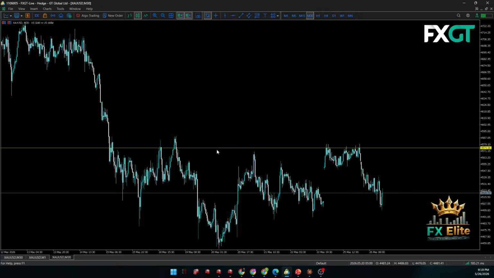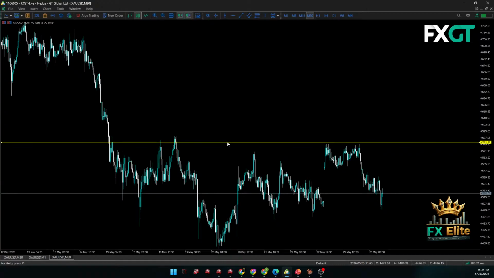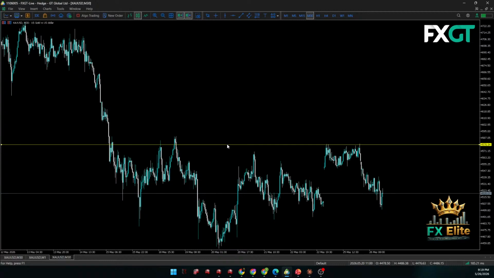So as you can see, there's a certain level dito na, give me a second. Ayusin mo natin to. So there's a particular level that the price has always rejected po. If you can see that. So let me mark that zone. So that's how you mark the resistance at the moment.